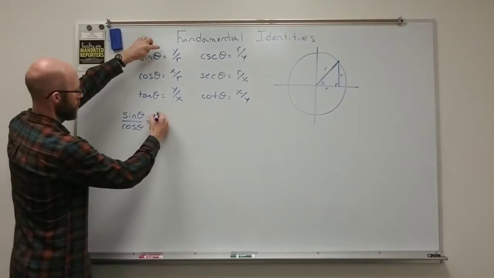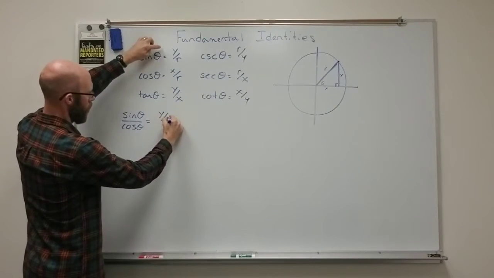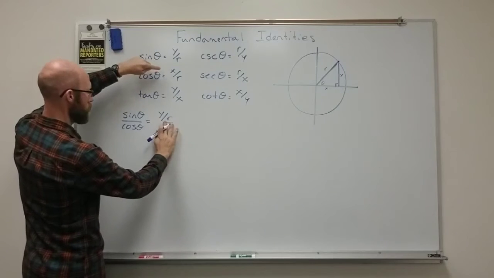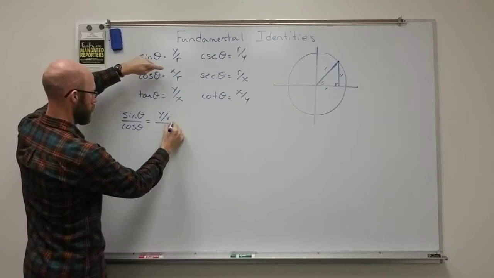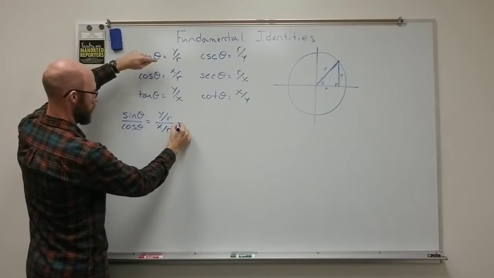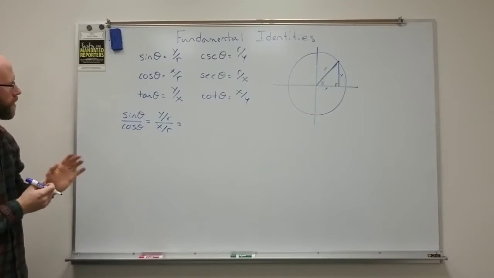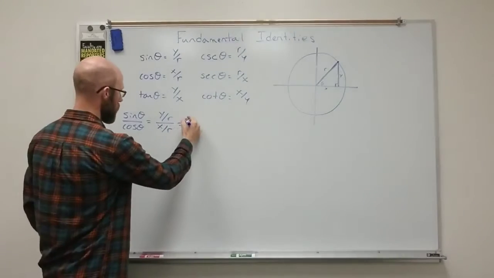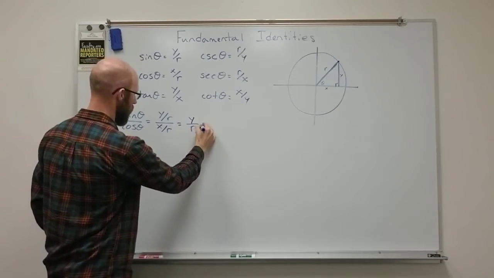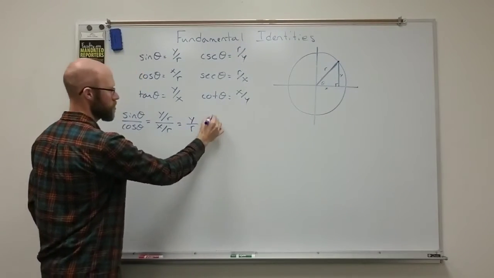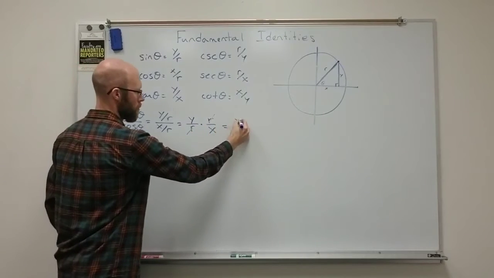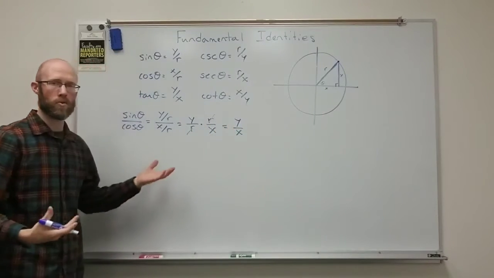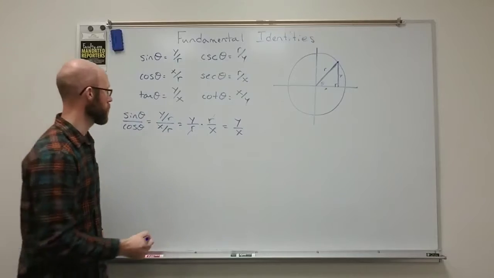Well, that's going to be y over r over x over r. And of course, when you divide by a fraction, you multiply by its reciprocal. So that is y over r times r over x. The r's cancel. You get y over x, which we already know is the tangent of theta.